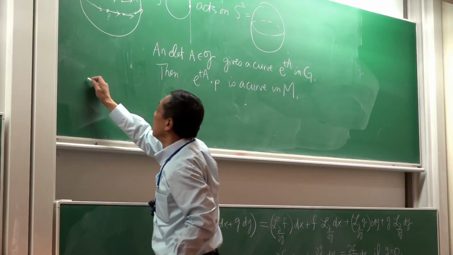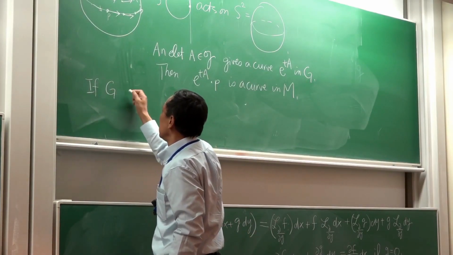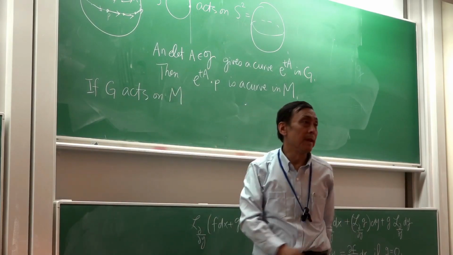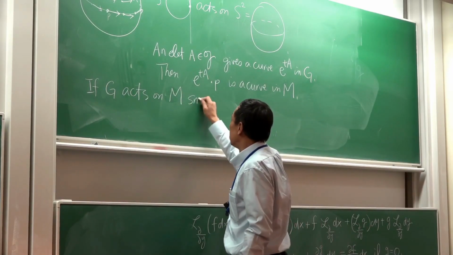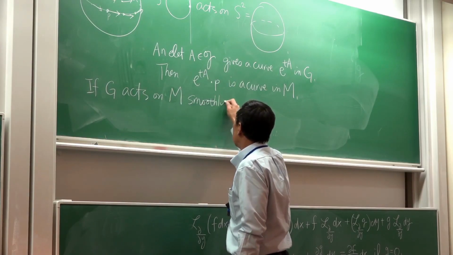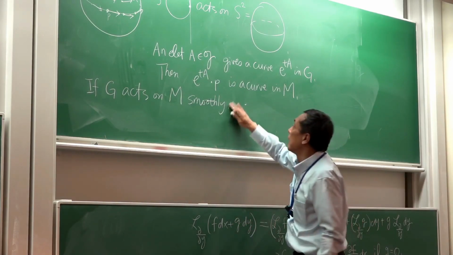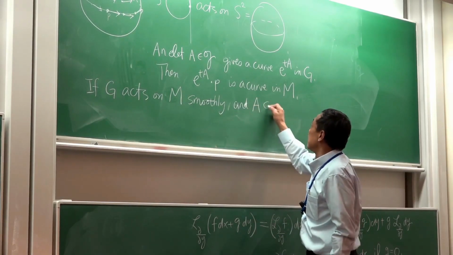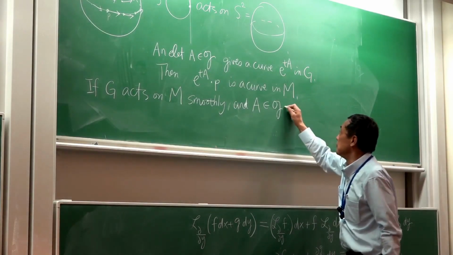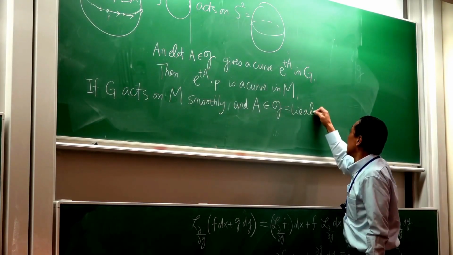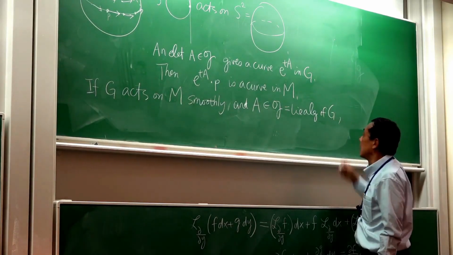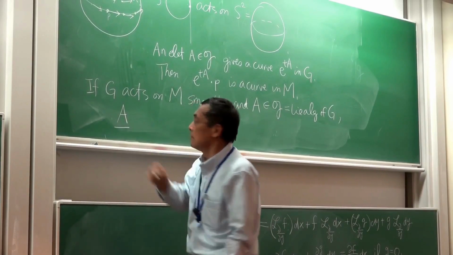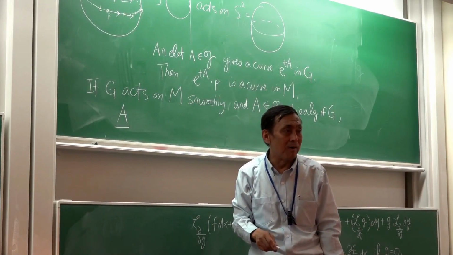So if G acts on M, let's always assume that it's smooth, and A is an element of the Lie algebra of G, then the fundamental vector field is denoted A bar.